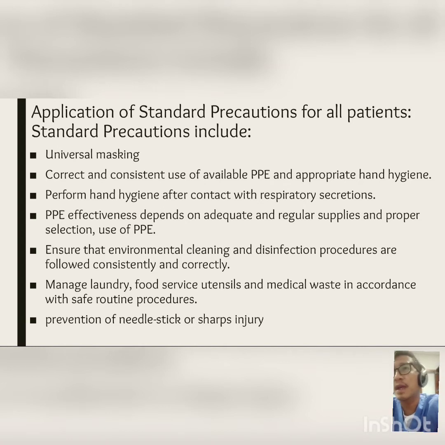Since the pandemic started, especially for the food services, the utensils are already disposable, instead of the ones that we were using before the pandemic started. And lastly, prevent needlestick or sharps injury.